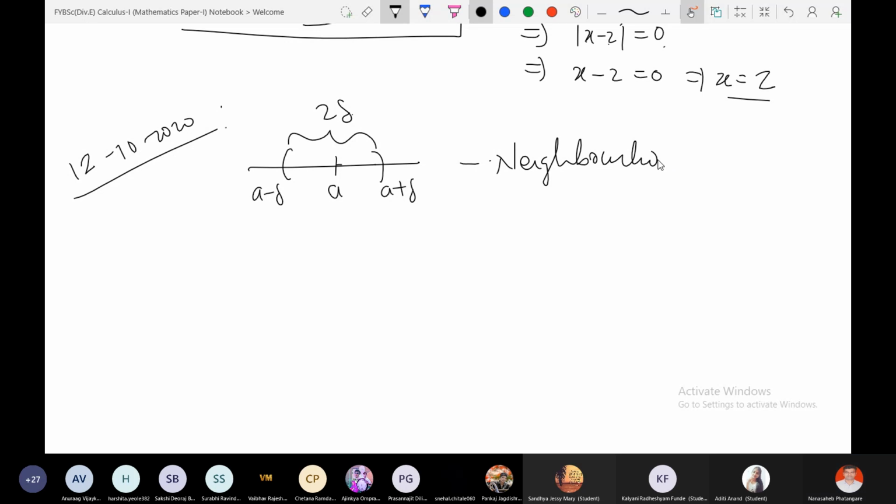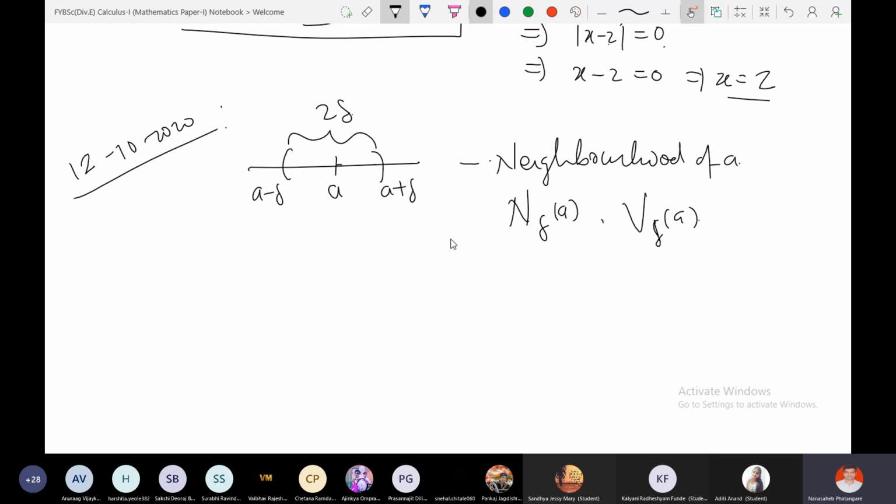That is what the delta neighborhood of a point is. And we denote this by N delta A or P delta A, right? Delta is just notation for the distance.